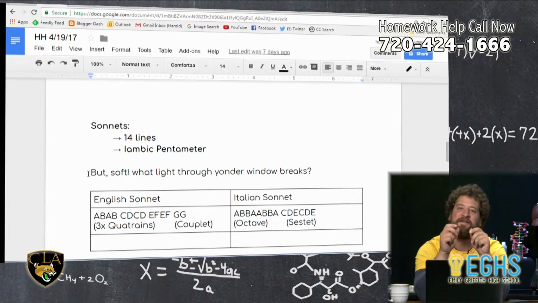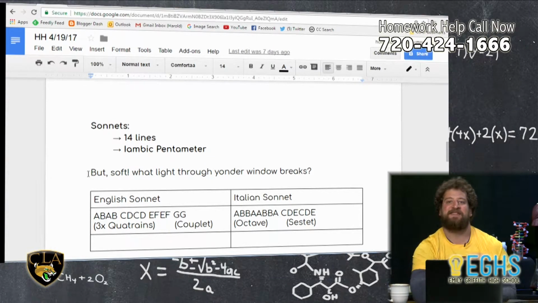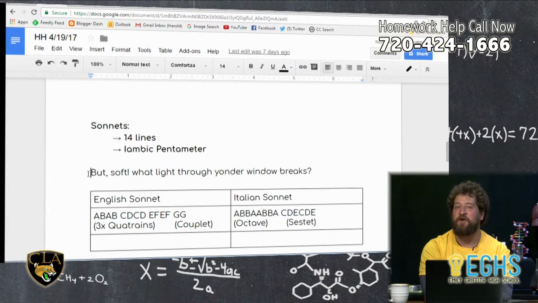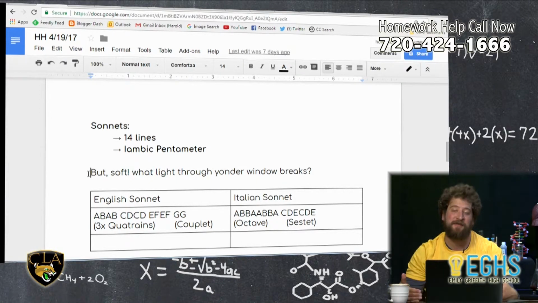So the idea is that you have five sets of meters in your line of poetry, and they're going to be iambic meters, these unstressed and then stressed sets of syllables, as I just explained. So we're going to have five sets of those for a total of ten syllables in any given line.